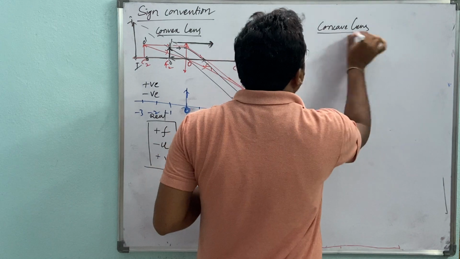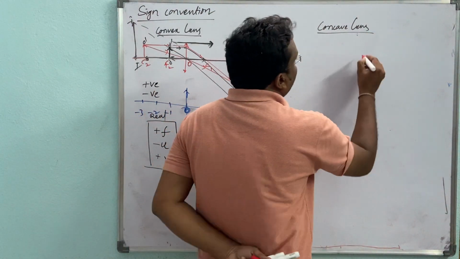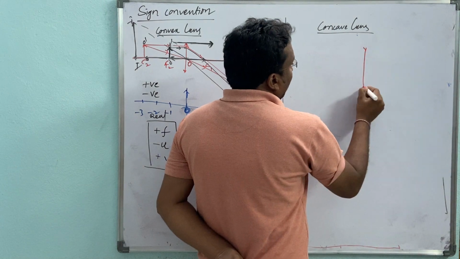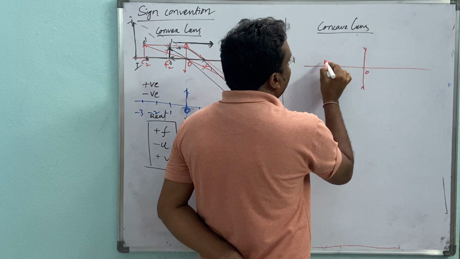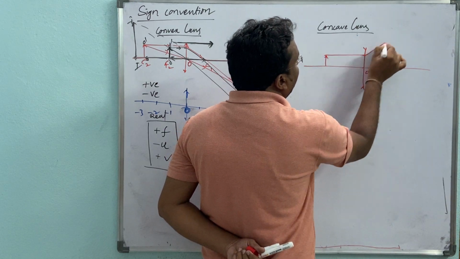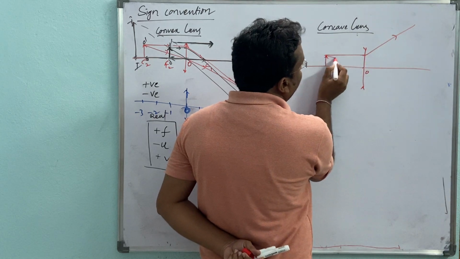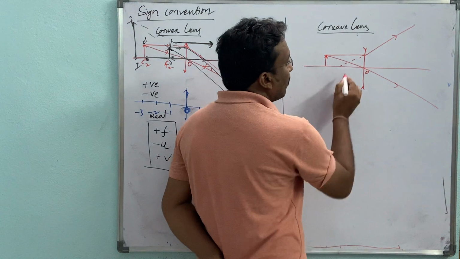Okay, right. Then I will show the simple diagram of concave lens. Lens, principal axis, optic center. I kept the object here, then the parallel ray diverges at the optic center, so we have to extend it backward.